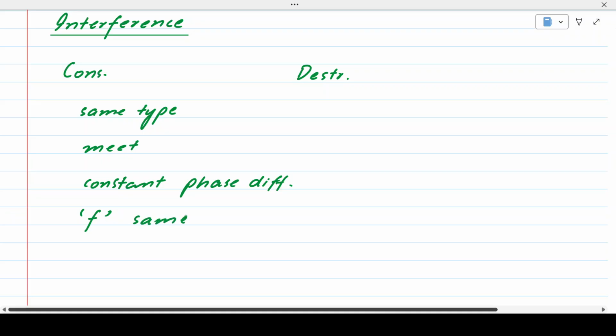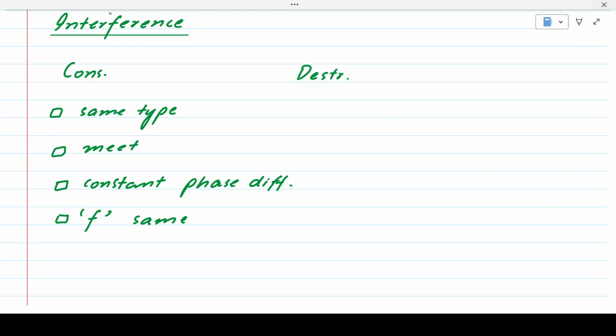If they have a constant phase difference, they must have the same frequency. These are the conditions for an interference pattern.